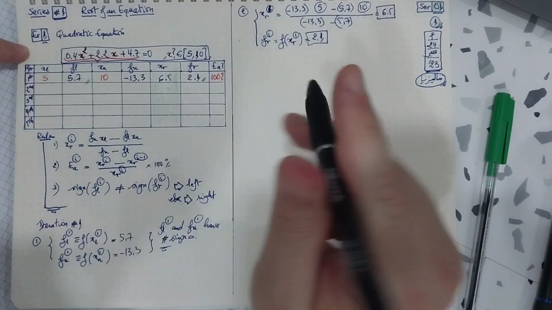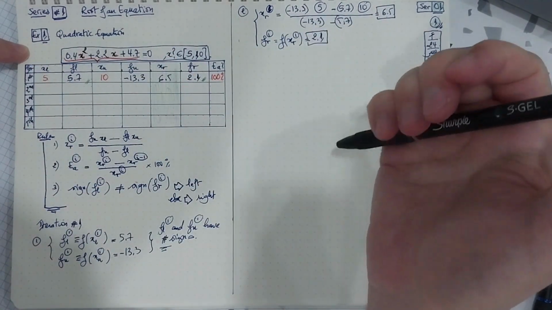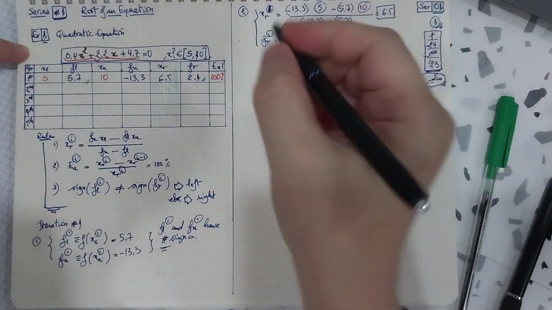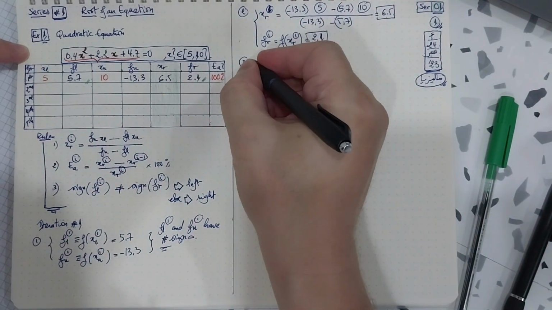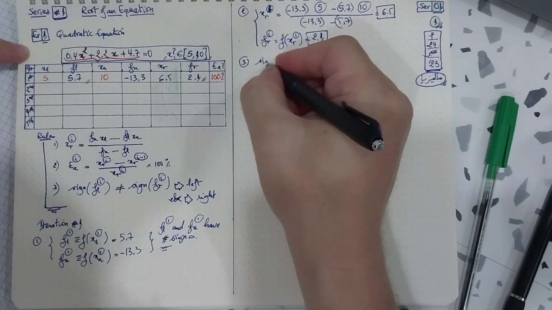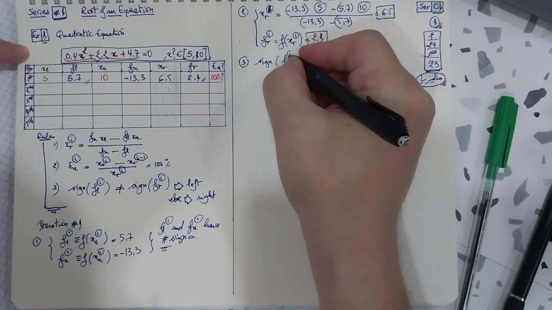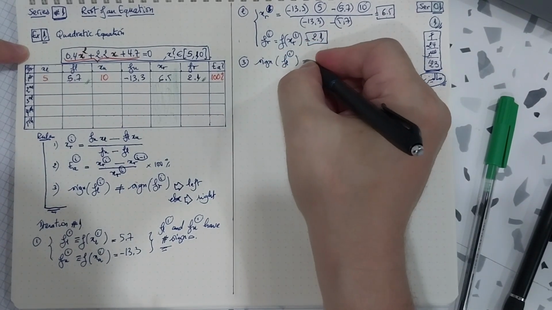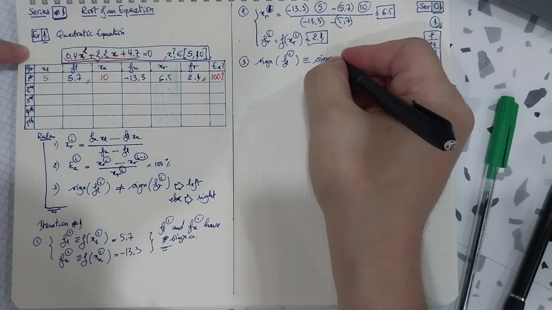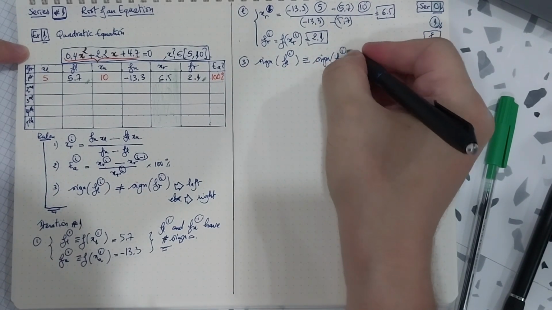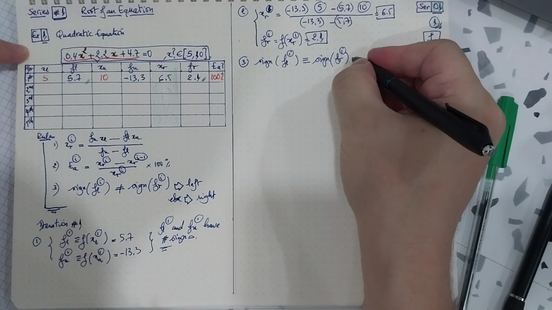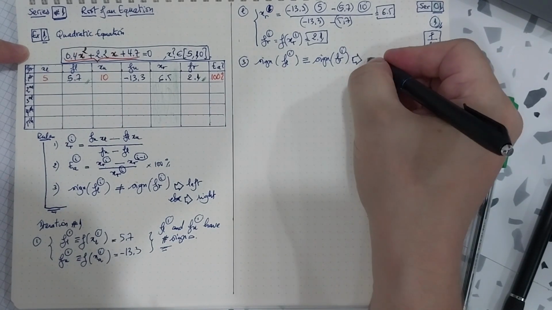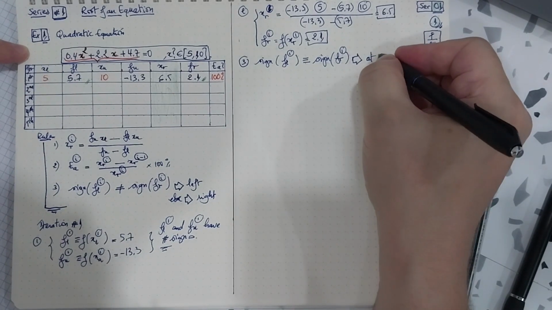So it's at the right. Now let's write it here. The sign rule: sign of FR1 is equal to the sign of FL1, and this implies that the next interval is at the right.